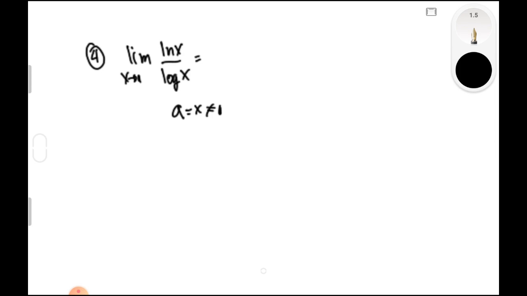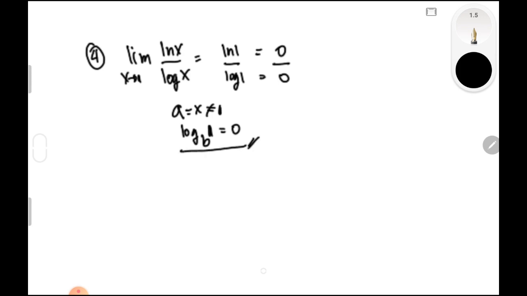Diba? So if mag-substitute ng value dyan, so ln of 1 divided by log of 1 is always equal to 0. So 0 divided by 0. From our theorem that kahit anong base mo, basta may 1 ka, it is always equal to 0. Okay? So we will have a value of 0 divided by 0, which is indeterminate in nature, diba?